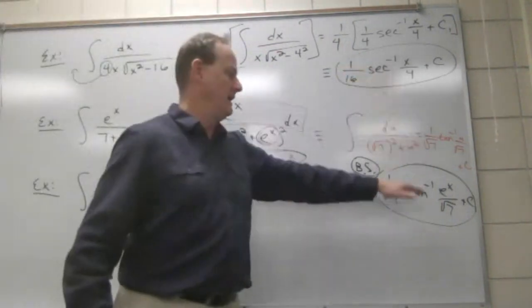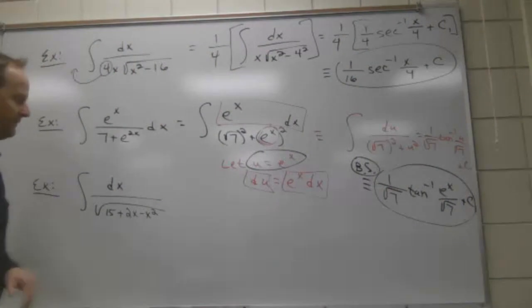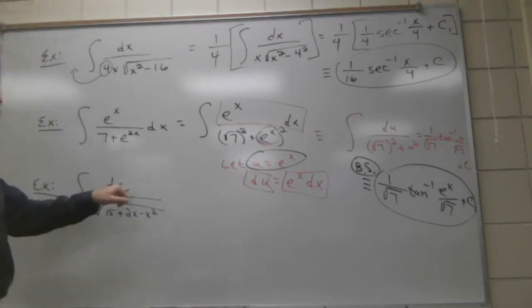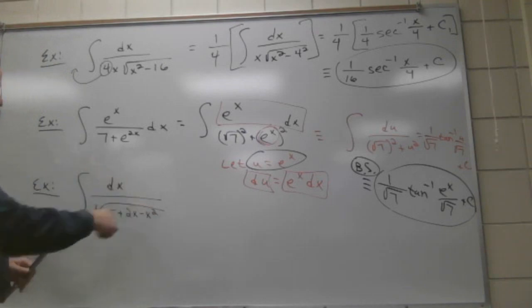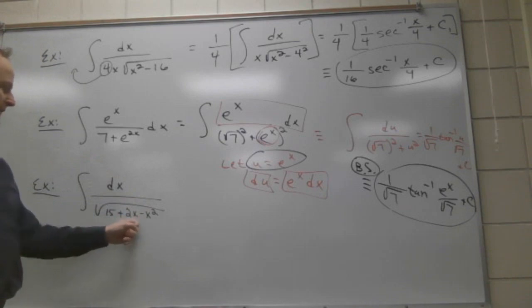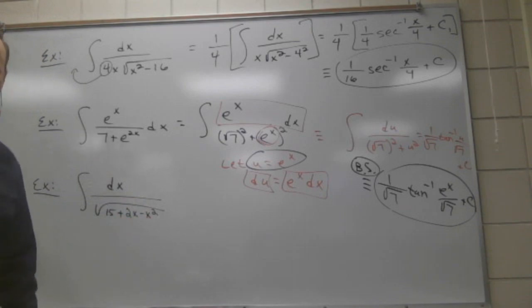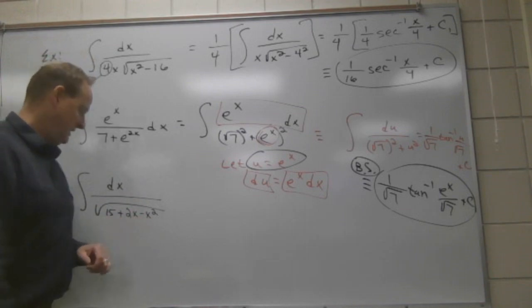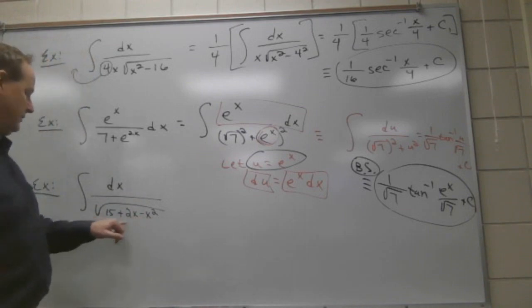So here's a couple that we had, and then we have one more similar to one that we did in class. This is the antiderivative of dx over the square root of 15 plus 2x minus x squared. Well, it would be great if this factored out, but it doesn't factor real well.